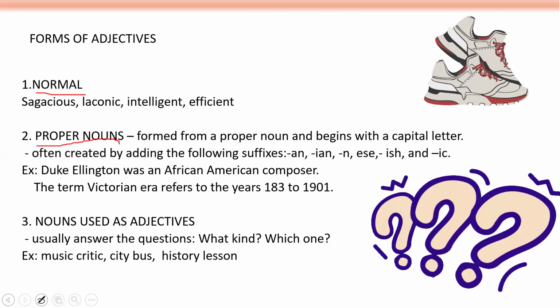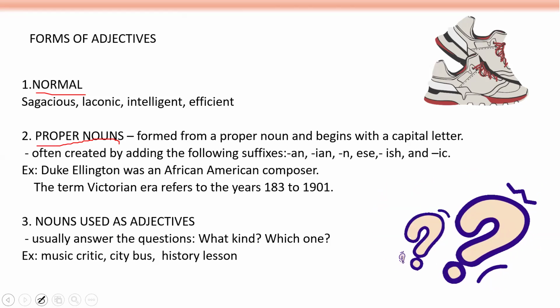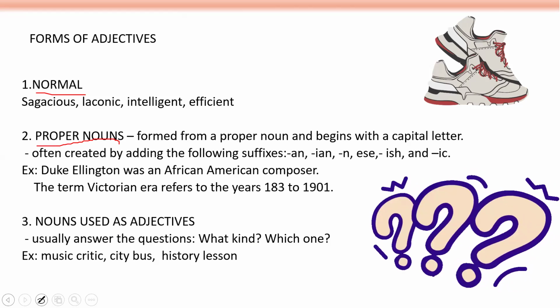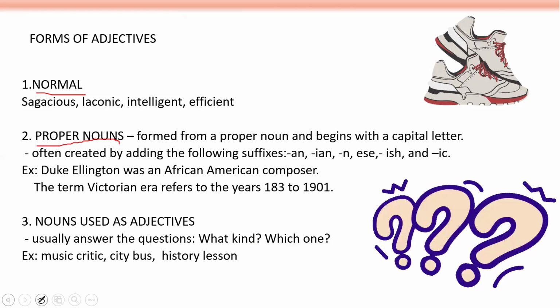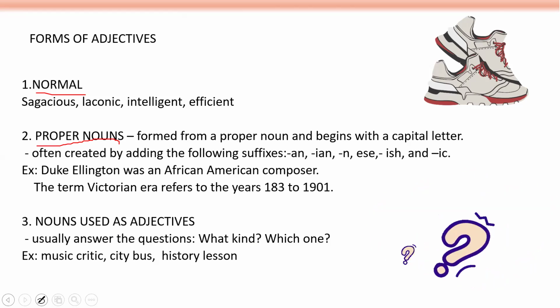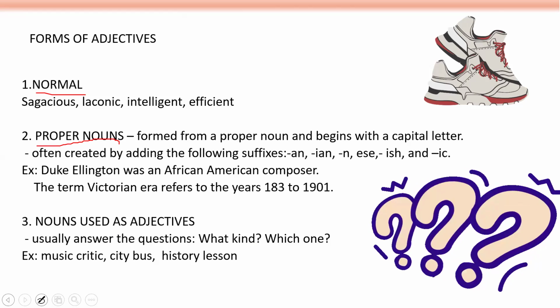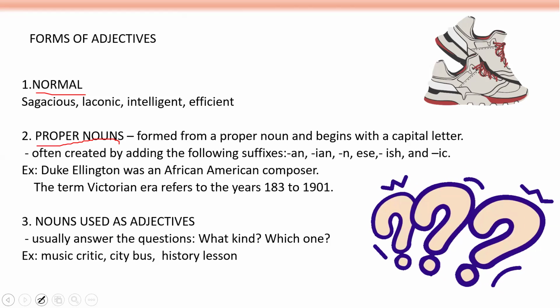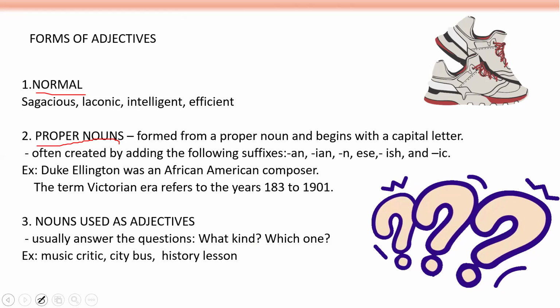What does it mean when we say that proper nouns can actually function as adjectives? Let's take a look at the example here. Duke Ellington was an African American composer. Okay? We have African and American.